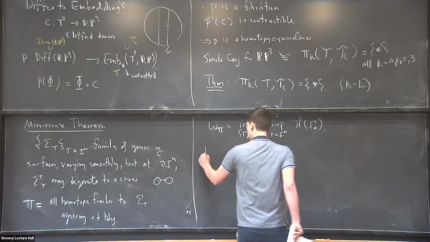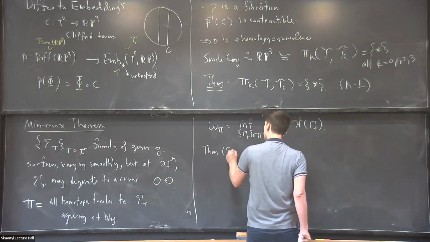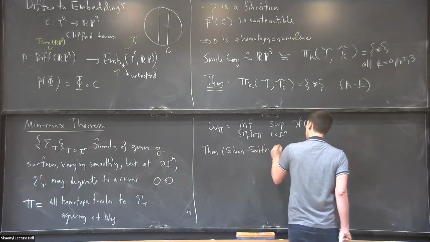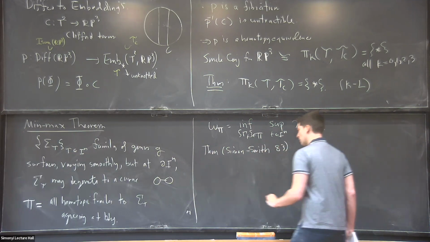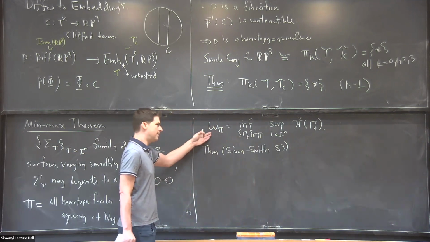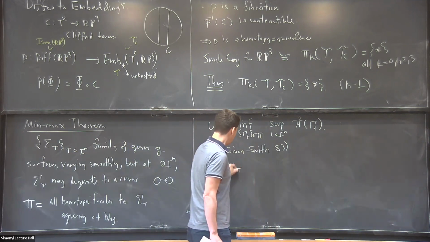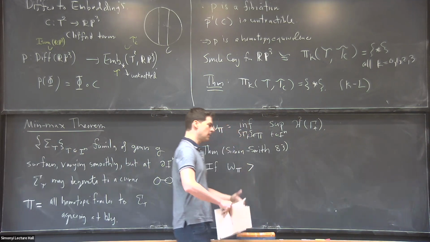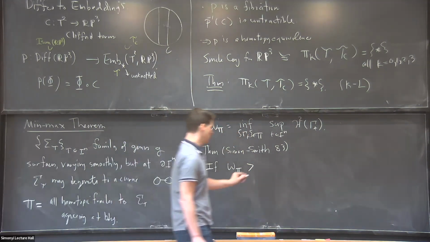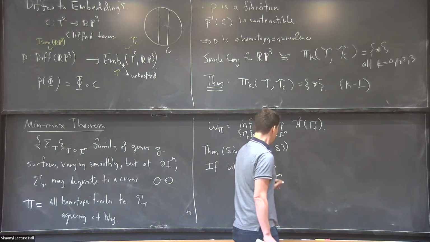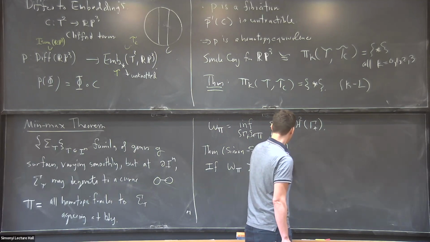And the theorem, due to Simon and Smith, in maybe 1983, is the following. If this is non-trivial, meaning that W sub pi is strictly bigger than what you see at the boundary, the supremum over t in the boundary of the family of the area of the initial family.